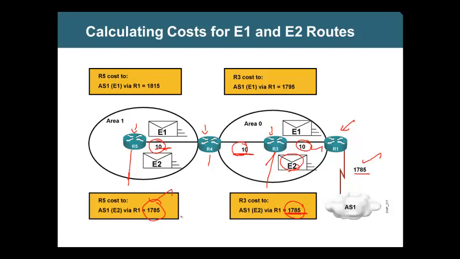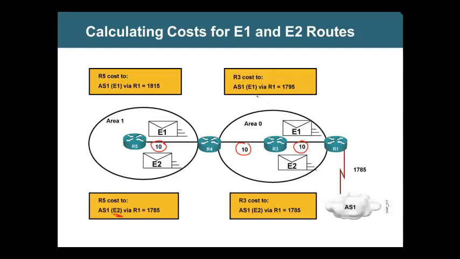It's the same metric that was given while redistributing that is seen even after 3 routers. If you have 20 routers, even in 20 routers you will see the same metric, which means the path metric is not added. That is what E2 means: the path metric will not be added.